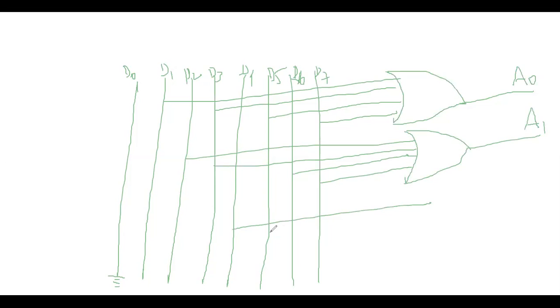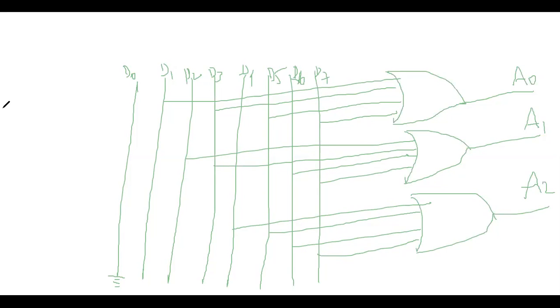You take the 4 lines D4, D5, D6 and D7 to get A2. This is a logical diagram of an encoder with 2 power n number of inputs, that is from D0 to D7, and n number of outputs, that is 3, A0 to A2. Following my dear students.